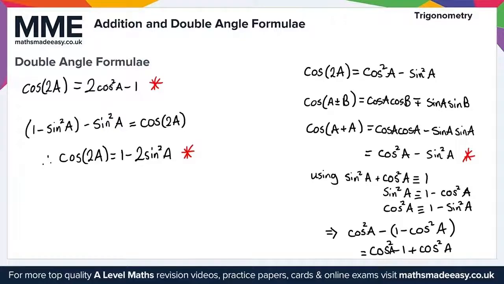So make sure to have a quick go at it now, pause this video, and attempt it to see if you can obtain this result. So for tan of 2a, all we obtain here is 2 tan a over 1 minus tan squared a.